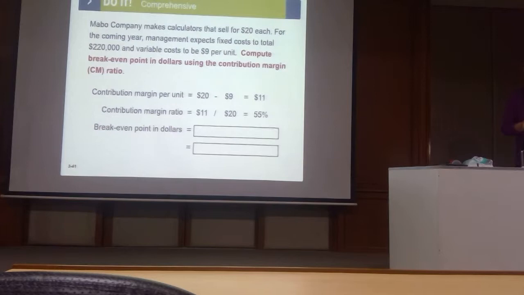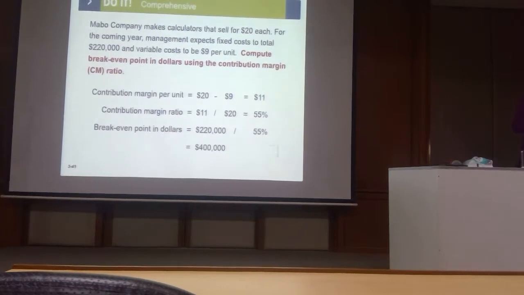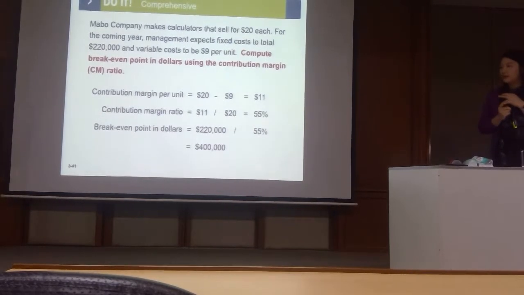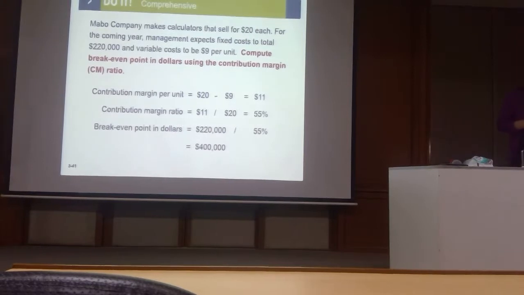Each dollar that you sell, you earn 55 cents of contribution margin to cover fixed costs and contribute to your net income, okay? Then you compute the break-even point in dollars by dividing the fixed cost by 55%. So you get 400,000 as the break-even point in dollars. It means you have to have revenue of 400,000 in order to break even, okay?